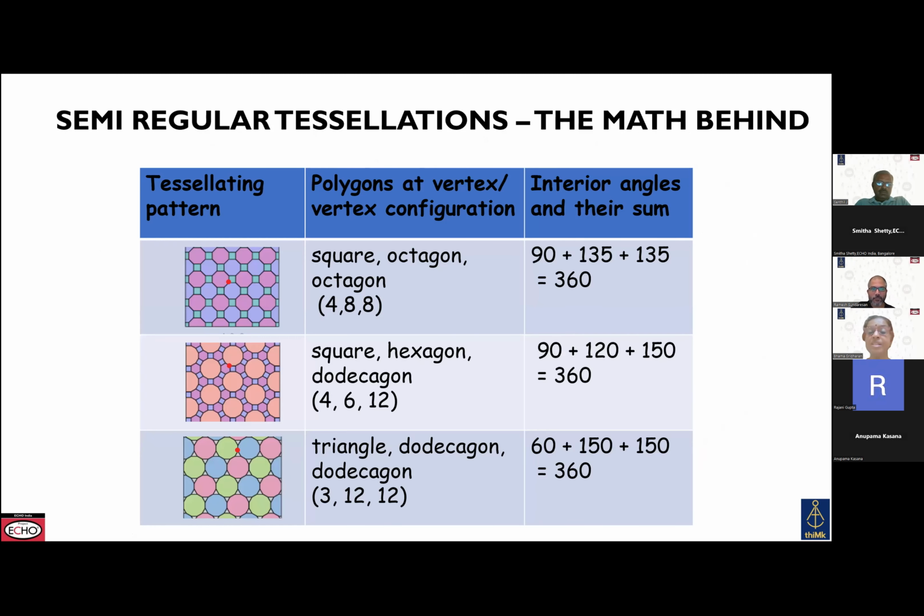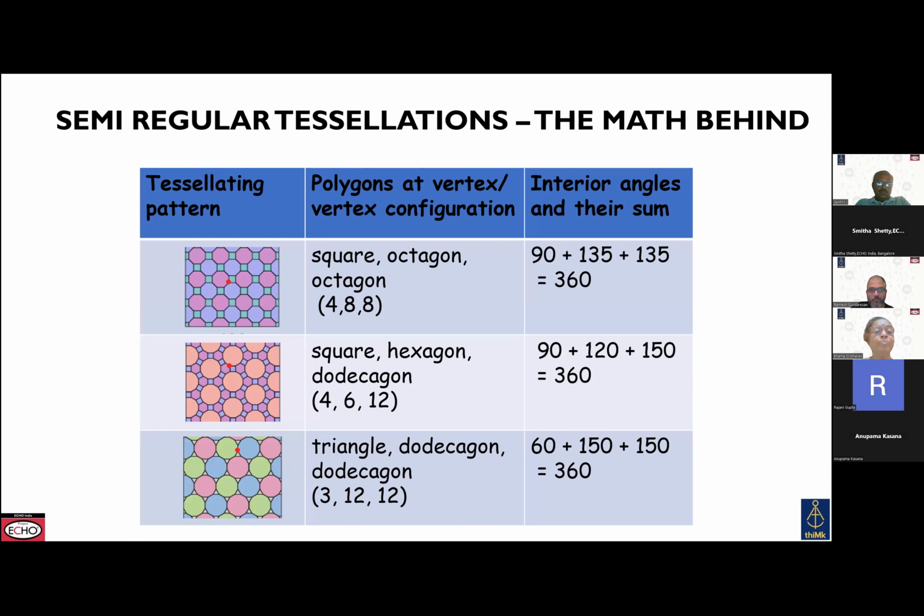So now if you look at the first figure over there, once again I have a red dot marked. Concentrate on that red dot, what do we see? We see one square and 2 octagons together around that one red dot.